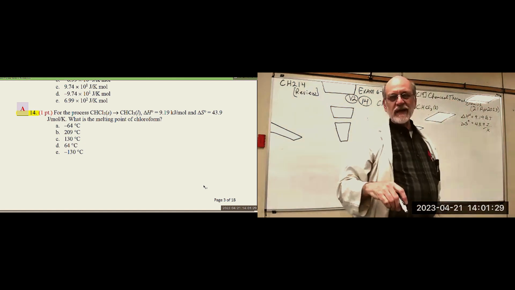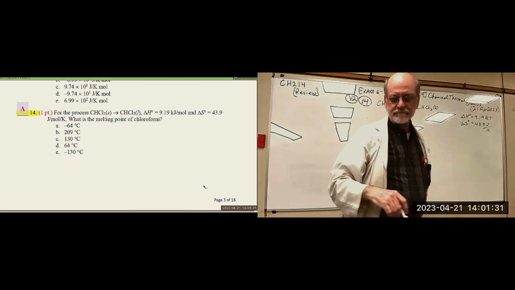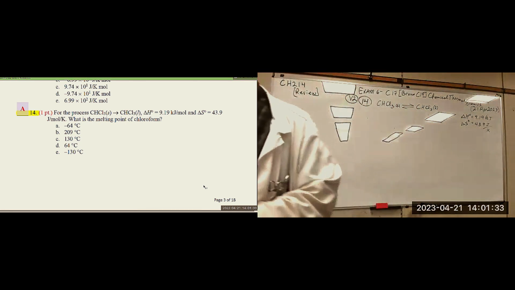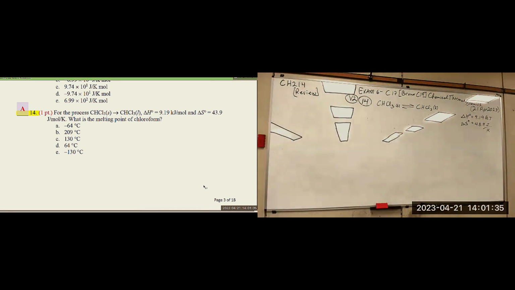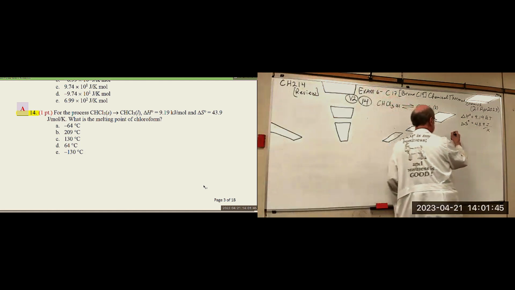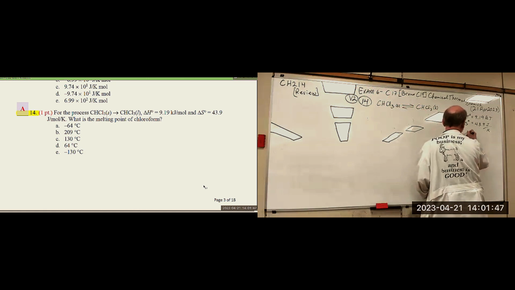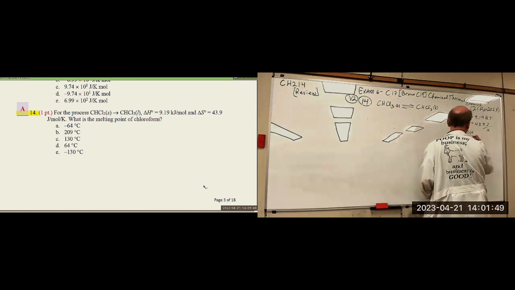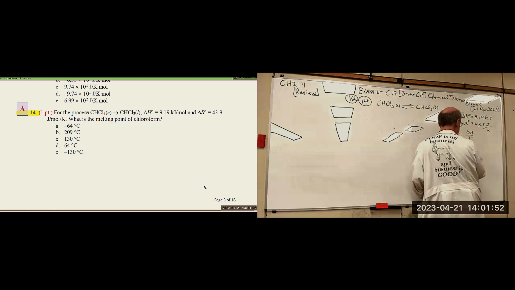All right, what's the melting point of chloroform? The melting point would be an equilibrium situation, right? So we're looking at delta S equals delta H over T, because this is for the system.